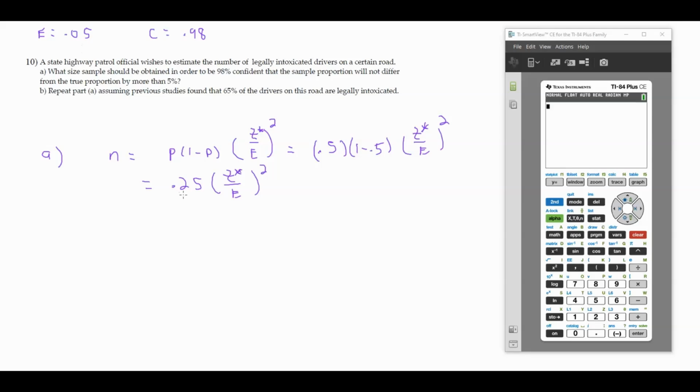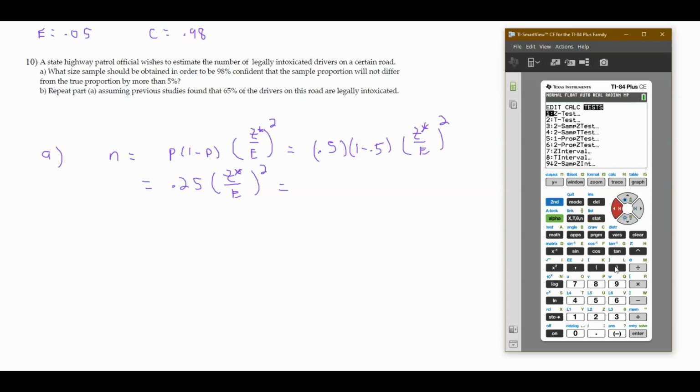All right, so now we know what E is. E is 0.05. We need Z star. Like before, I'm going to use the z-interval, number 7, to trick it into giving me the critical value. I'm going to say that sigma is 1, x bar is 0, and n is 1, and I want 98%.